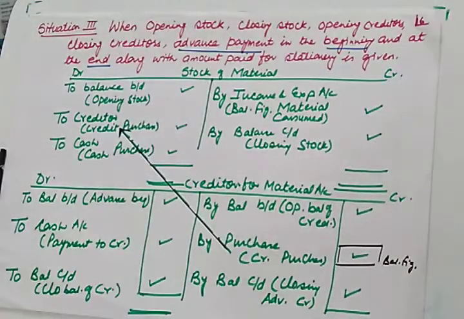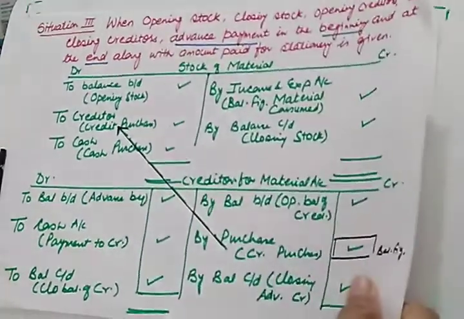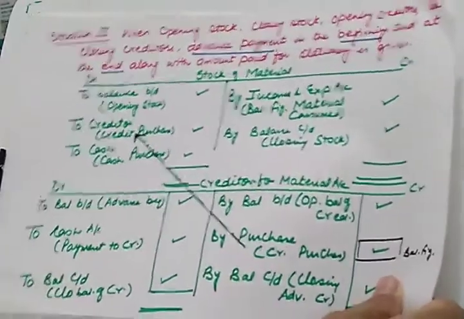So after this only you will be able to get the material consumed. Let us start. And one more thing before starting, let me give you a briefing of the second method, the statement method.